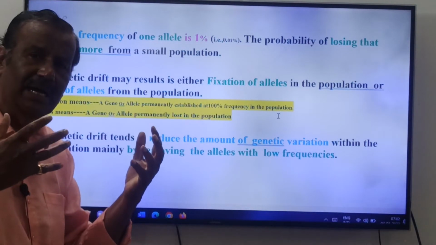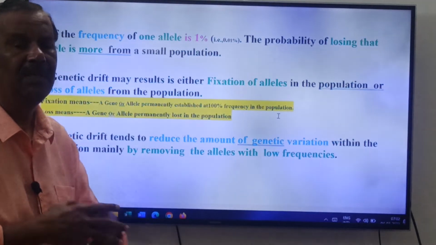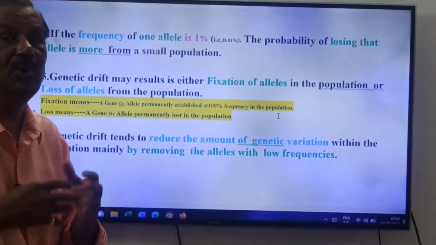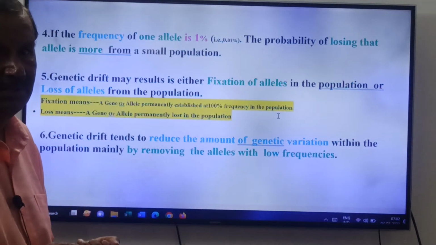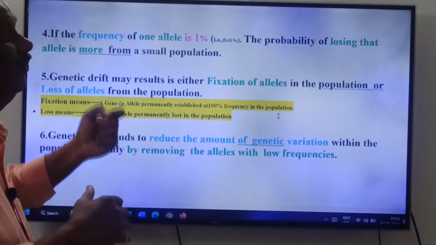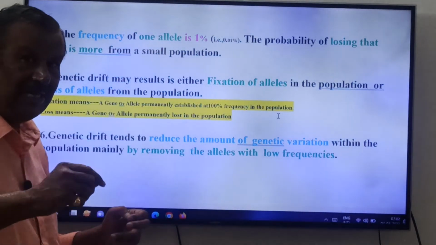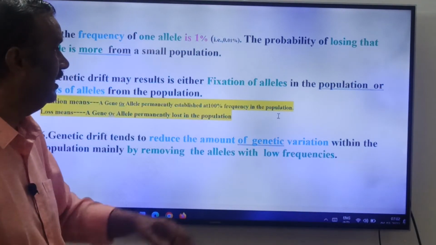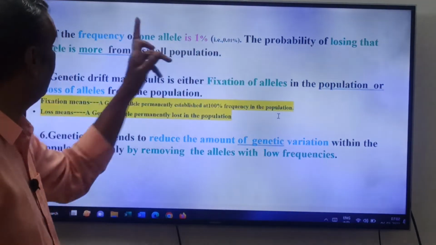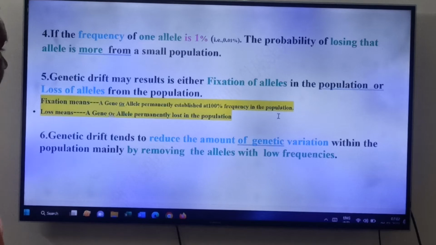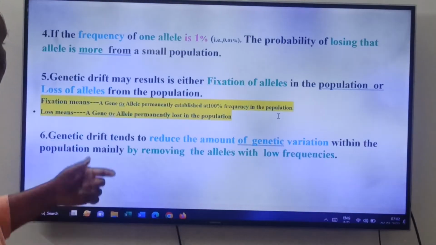If the frequency of an allele is higher in a population, it won't be eliminated, it won't be lost from that population. If the frequency of one allele is 1%, the probability of losing that allele is more from a small population. That is genetic drift, friends.